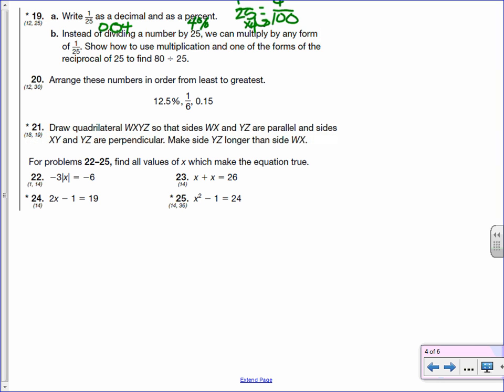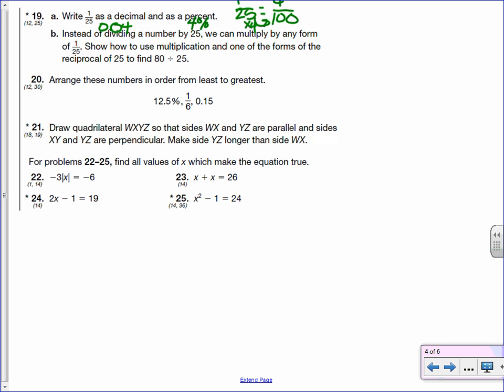Instead of dividing a number by 25, we can simply multiply by any form of 1/25. Show how to use the multiplication and one of the forms of the reciprocal of 25 to find 80 divided by 25.